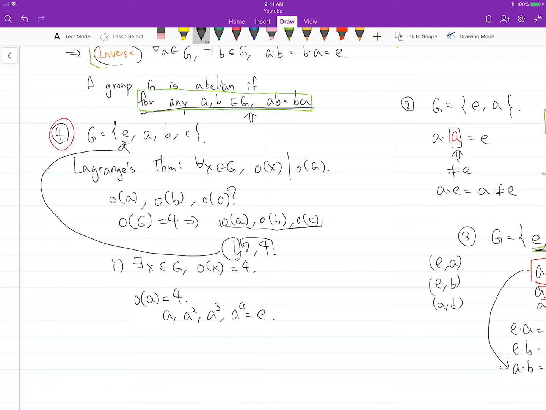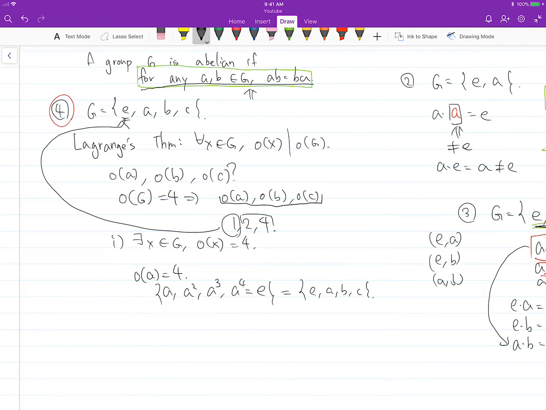This is E. And if you think about it, this is actually the same set as E, A, B, C. So you can represent every element in G as a power of A.